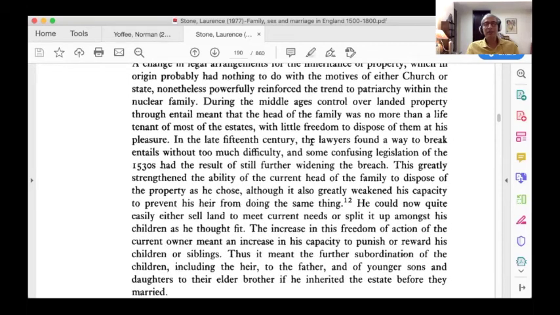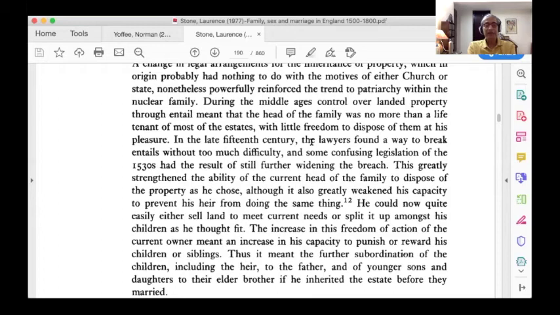During the Middle Ages, control of the landed property through the entail meant that the head of the family was no more than a life tenant of most of the estates, with little freedom to dispose of them at his pleasure. In the late 15th century, the lawyers found a way to break entails without too much difficulty, and some confusing legislation of the 1530s had the result of still further widening the breach.